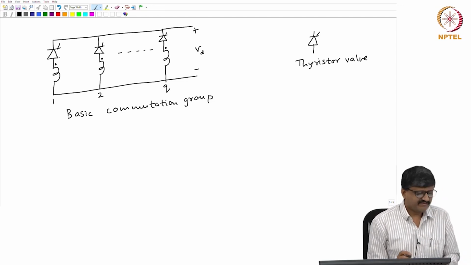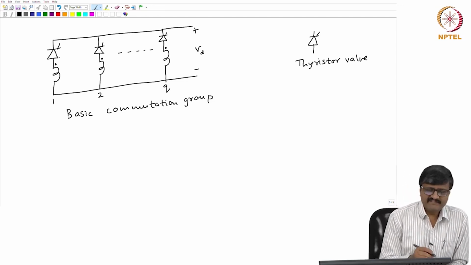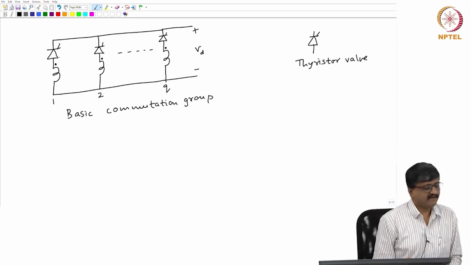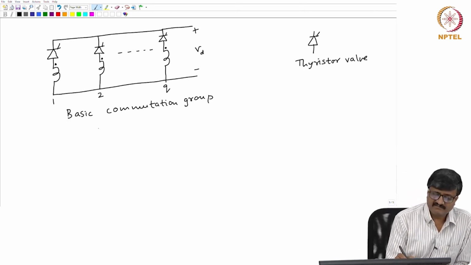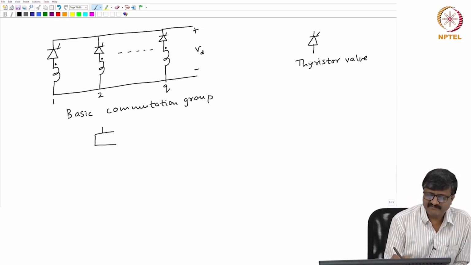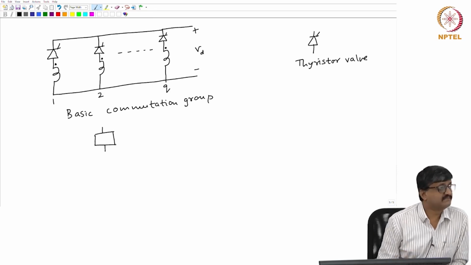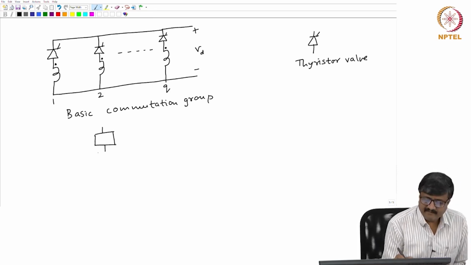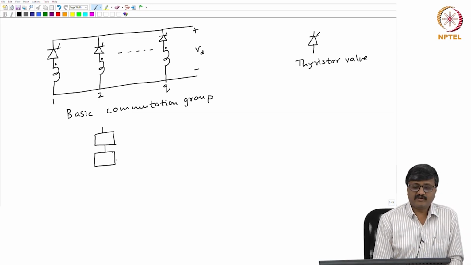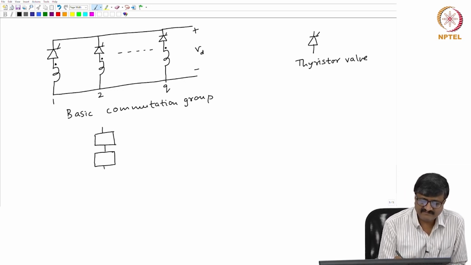So, what I will do is try to build a very general circuit. From the basic commutation group, I get a very general circuit of the converter. I represent one basic commutation group by a box, and I connect many such identical basic commutation groups, except for the phase shift of the voltage, in series.